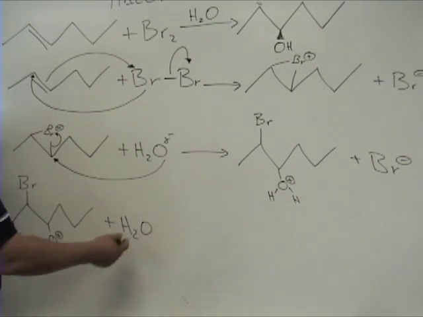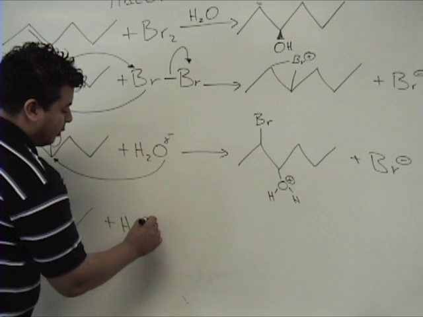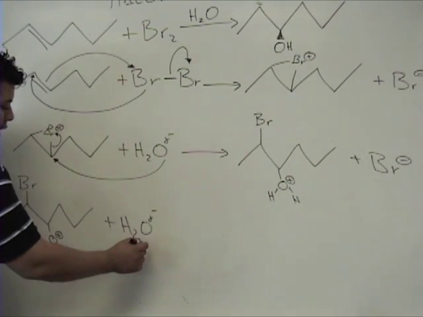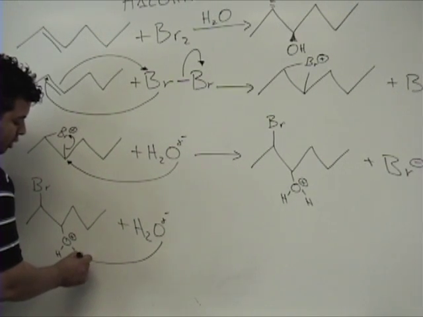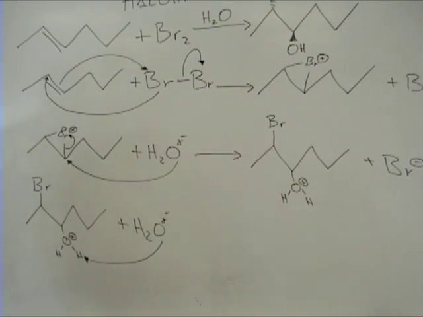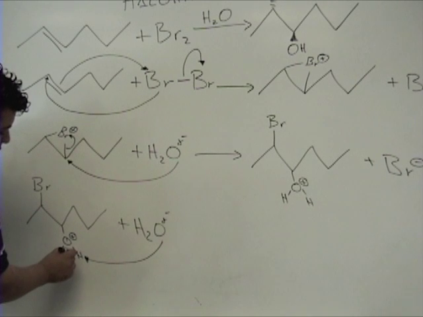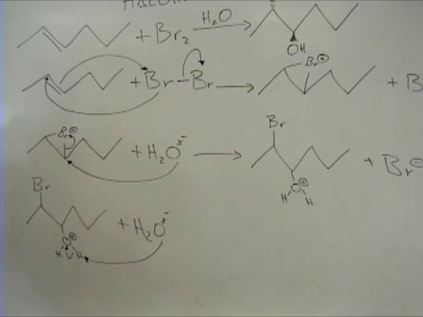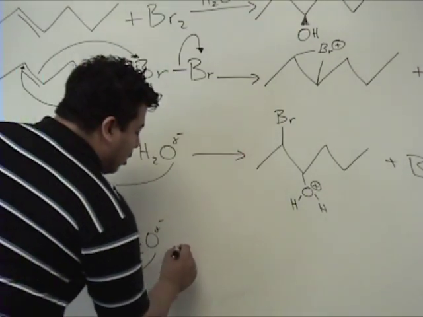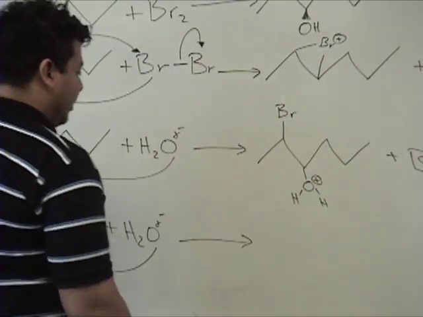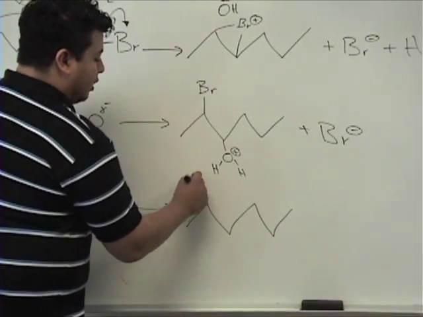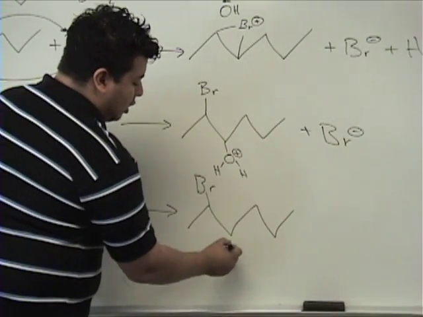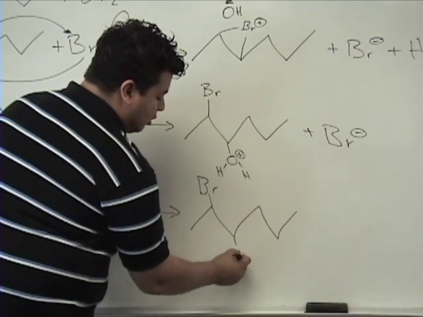And we know polar charges, this is going to be partial negative oxygen. The oxygen is going to attack one of the acidic hydrogens or protons, and the bond is going to make a lone pair for the oxygen. And then we get as a result our molecule with the Br here and then the oxygen down here.